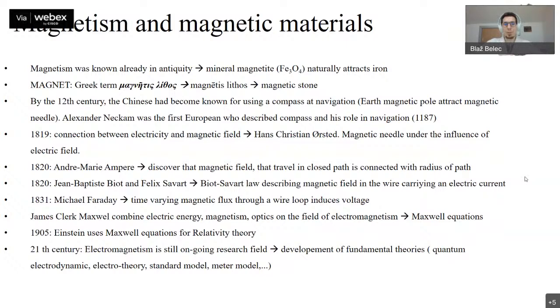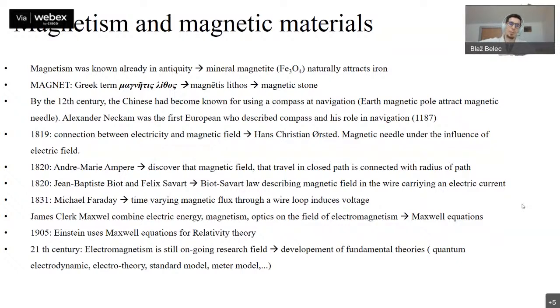Then Jean-Baptiste Biot and Félix Savart described how a magnetic field acts around a wire carrying an electric current. This is described in the Biot-Savart law. After that, Michael Faraday described that a time-varying magnetic flux through wire loops induces voltage.